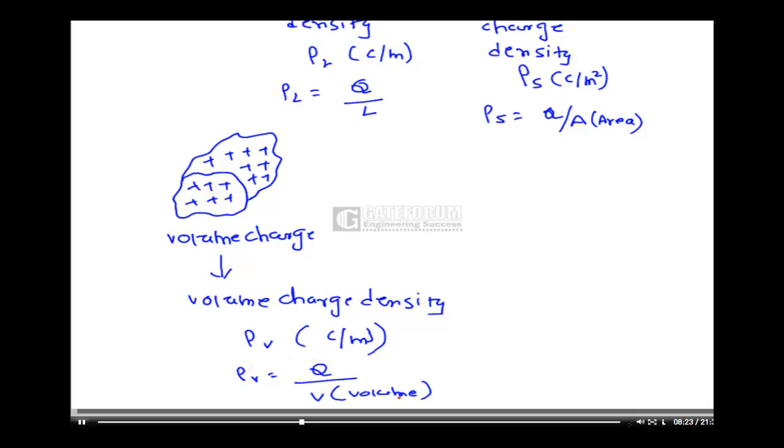So these are other charge distributions, continuous charge distributions. We have to calculate the electric field intensity due to these charges. So first I am considering line charge. What is the electric field intensity, E field, due to line charge? We have to calculate.